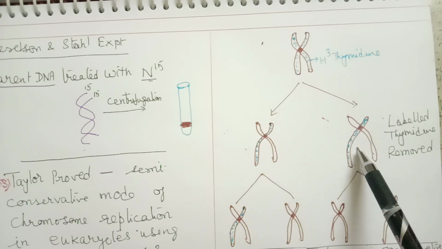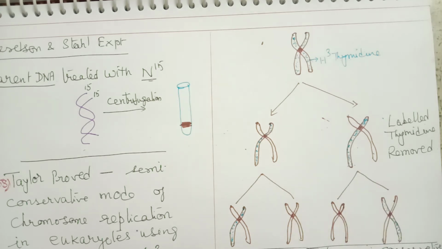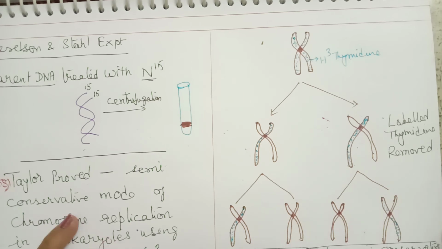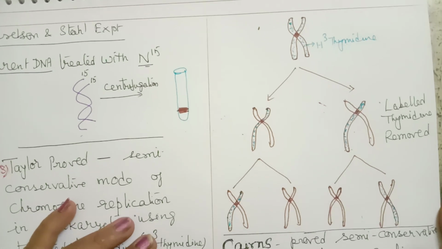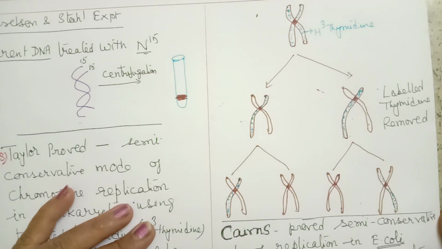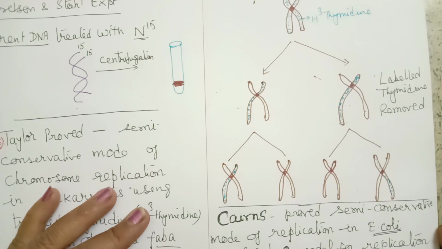So these are parental. Again in the next generation, when 4 are formed, the 2 which are labeled will continue and the remaining will be normal. So it follows the same pattern as the Meselson and Stahl experiment using heavy nitrogen.